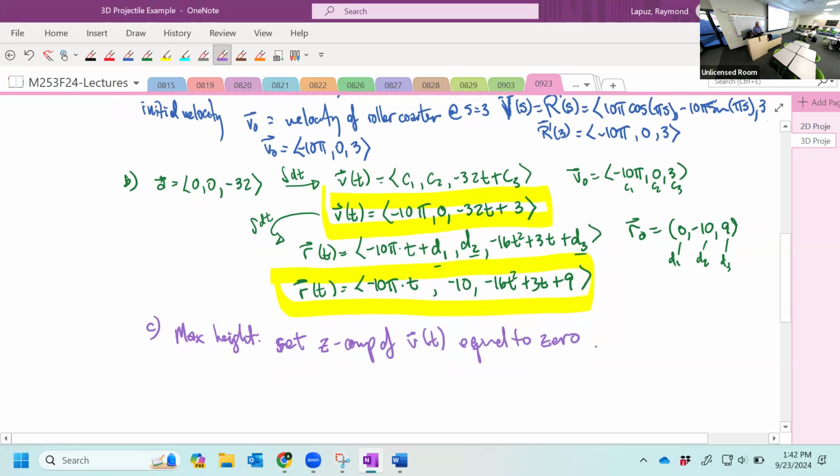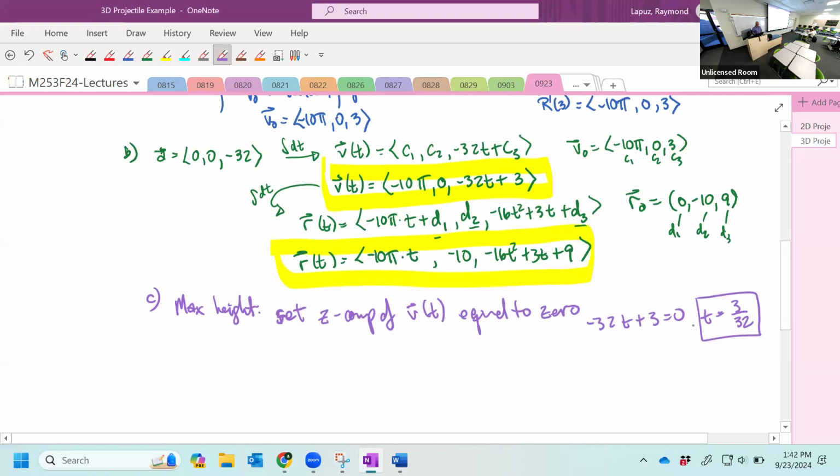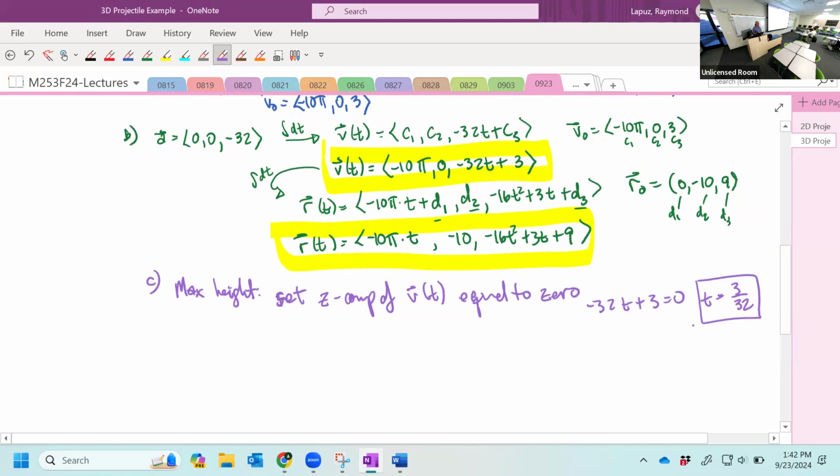So this one's easy. I got negative 32 t plus 3 equal to 0. So it becomes negative 3, and with a negative 32, it becomes positive 3 over 32. That's not very long. And then plug it back into the height, the position height.